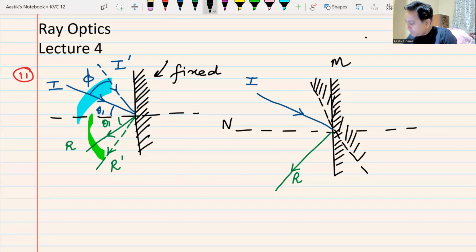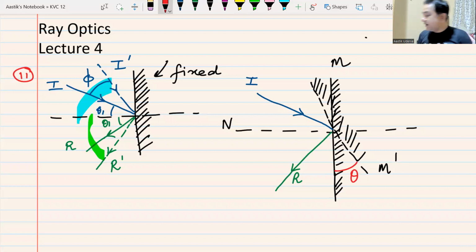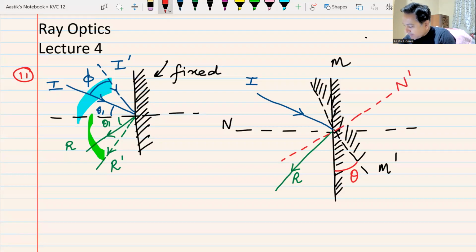This is the new mirror M dash, and I have rotated it by, let us say, an angle theta. So what happens now? This is my new normal N dash.